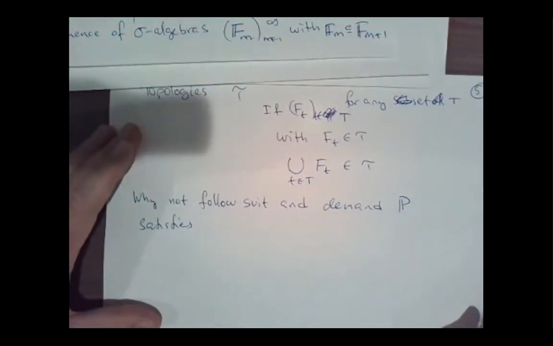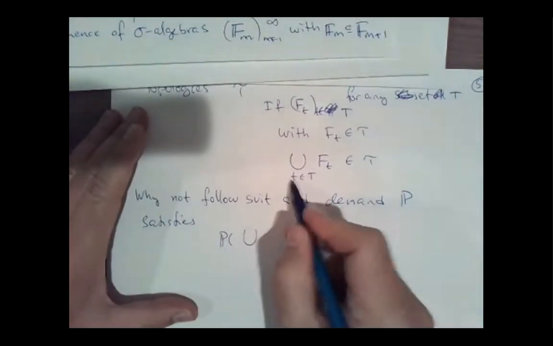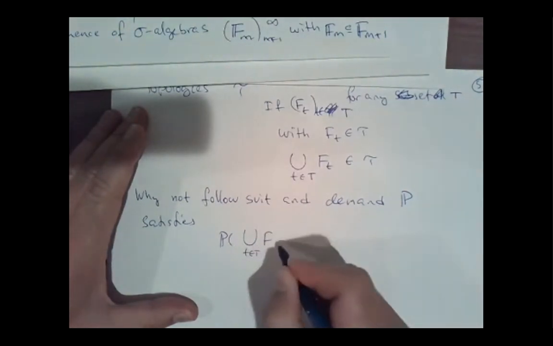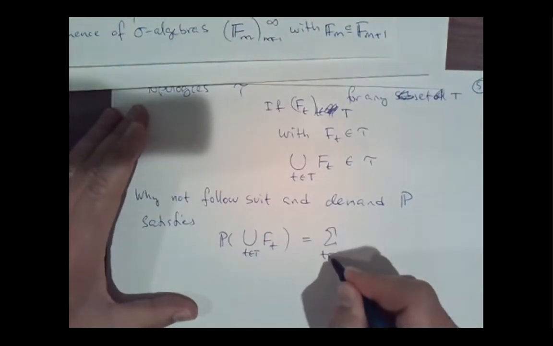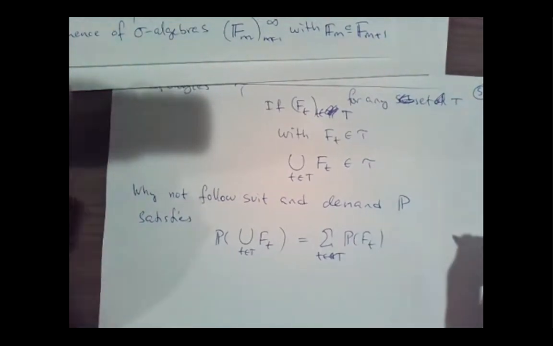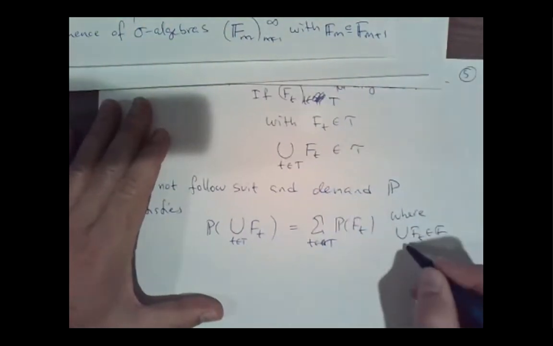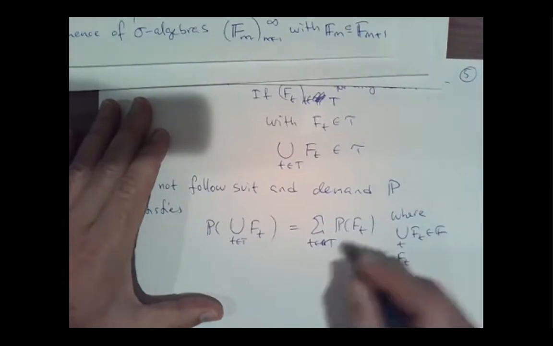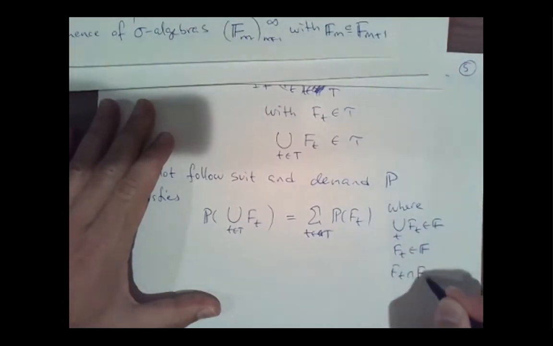Why not follow suit and demand that P satisfies that if I take P of an arbitrary union, so let me continue with this index here, t in T, of my F_t's, that this is the same thing as summing up the individual ones, where I'm going to have that my union is an element in F. I'm going to have that F_t is an element in F. And I'm going to have that F_t intersection with F_t prime is empty for all t that are not the same as t prime, right?